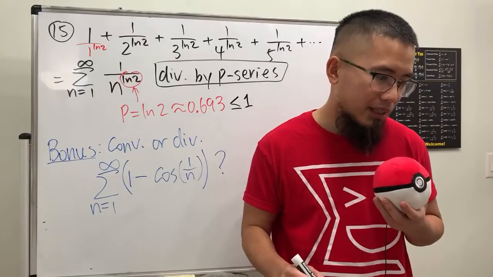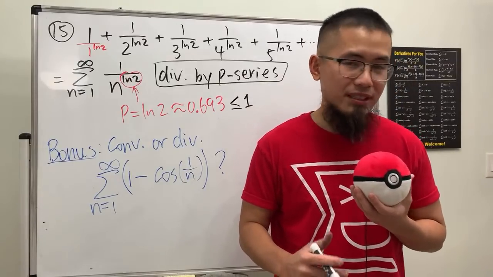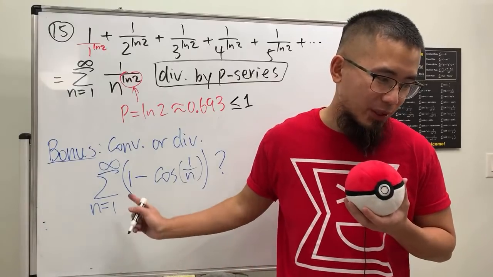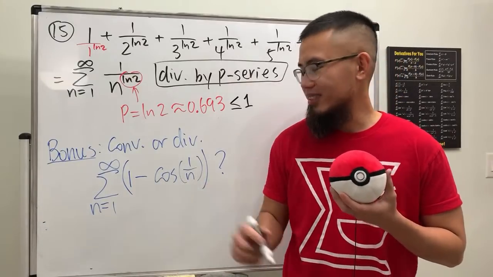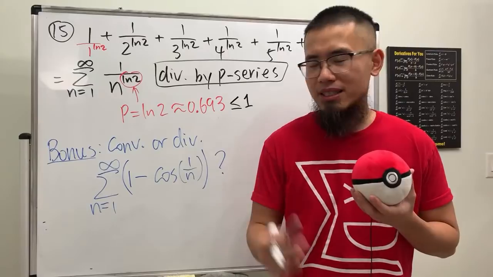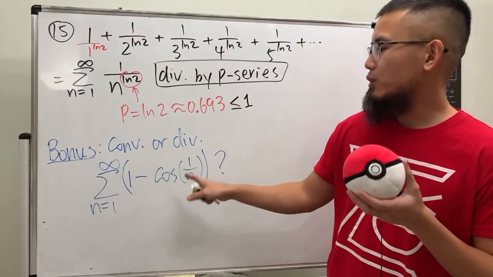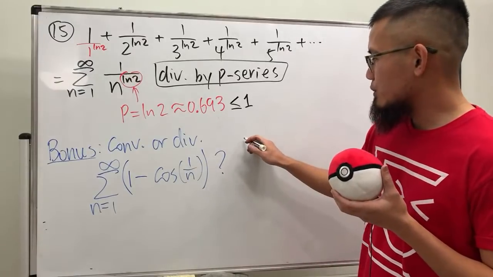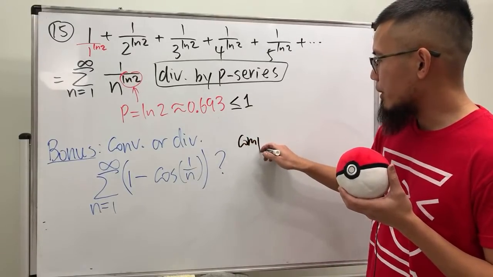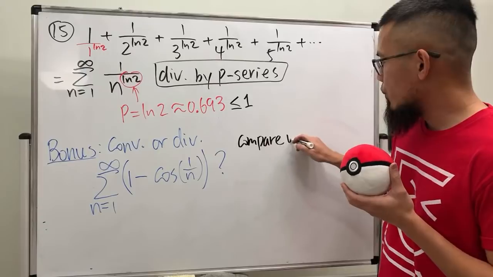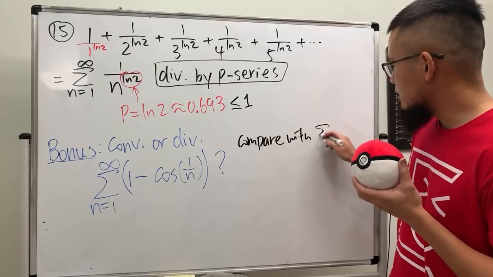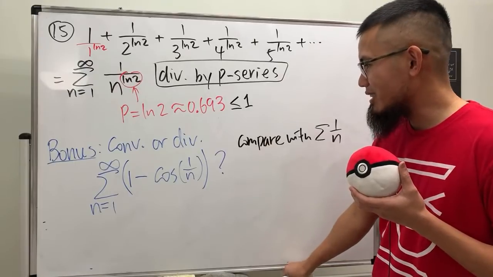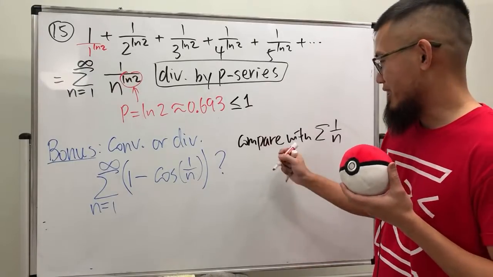Well, if you say by comparison test, you will have to say compare with what, right? As I said, this right here is not so easy. It's not direct. You don't do the series with 1 over n, that does not help. If you compare with the series of 1 over n, unfortunately, it does not work.